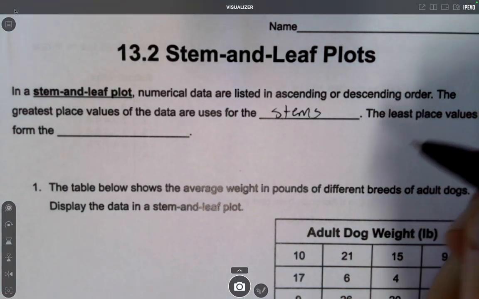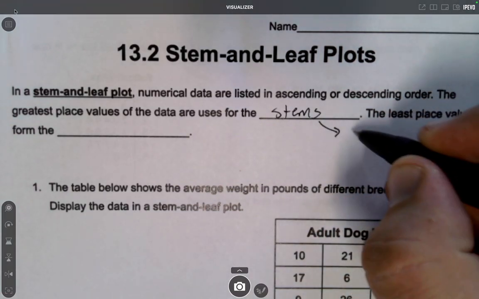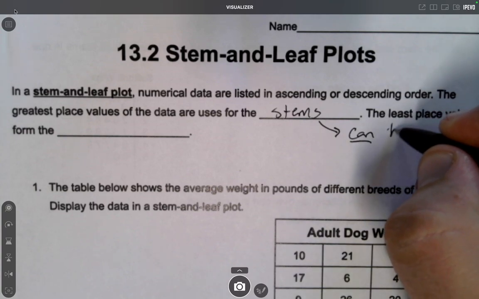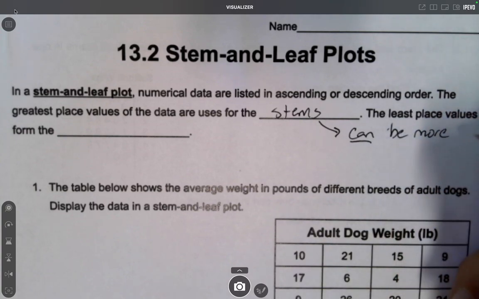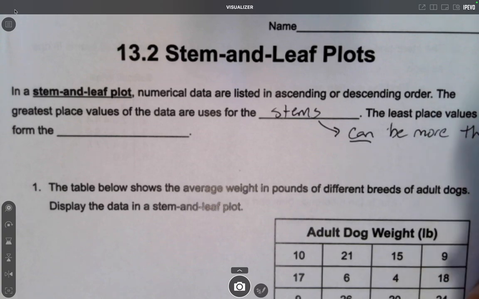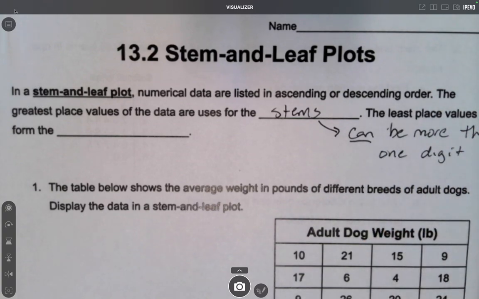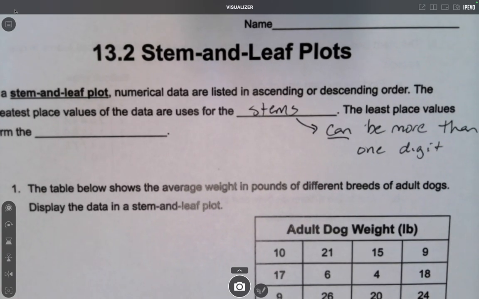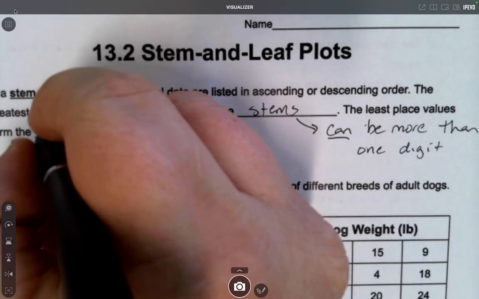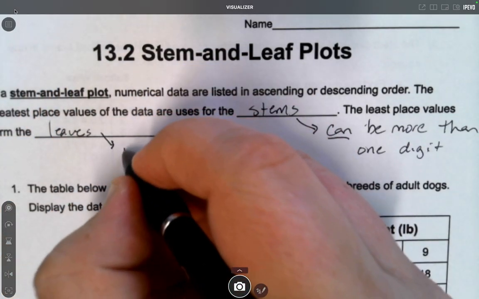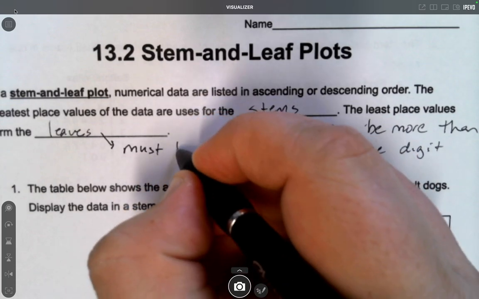The greatest place values of the data are used for the stems. And one important thing to know about the stems is that they can be more than one digit. They may not be, but they're allowed to be. The least place values form the leaves, and these must be only one digit.